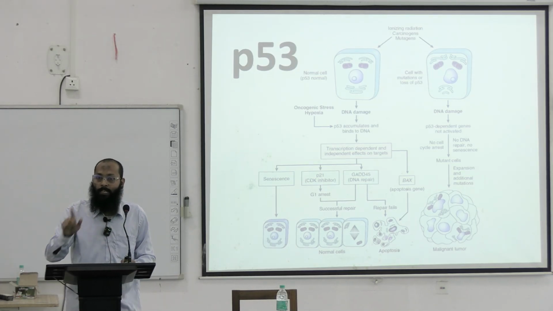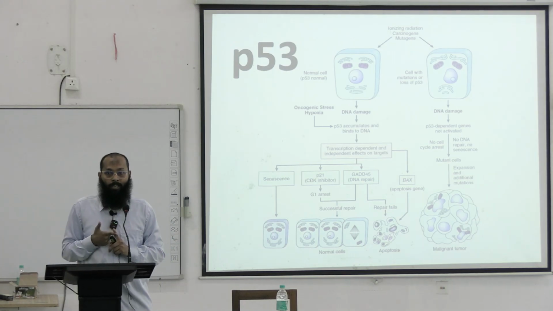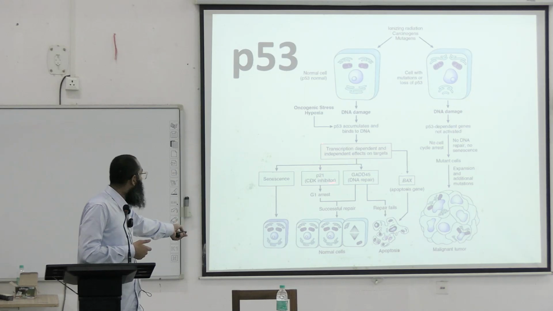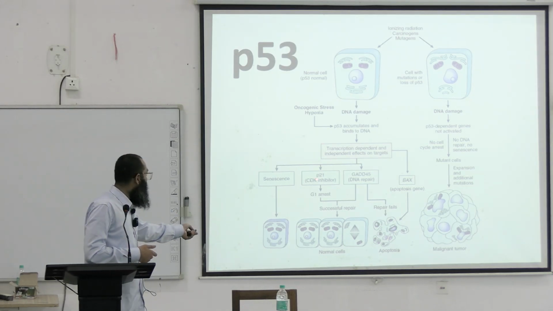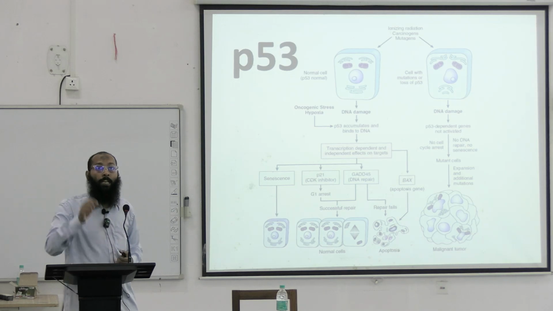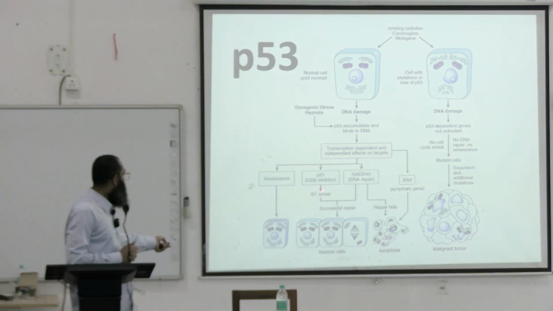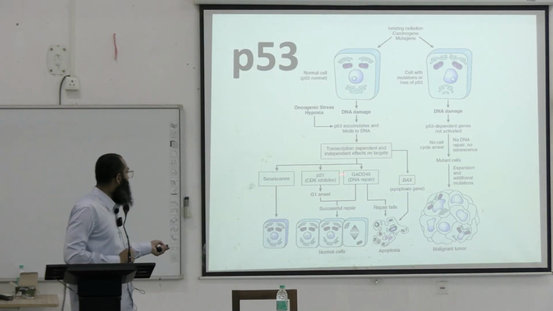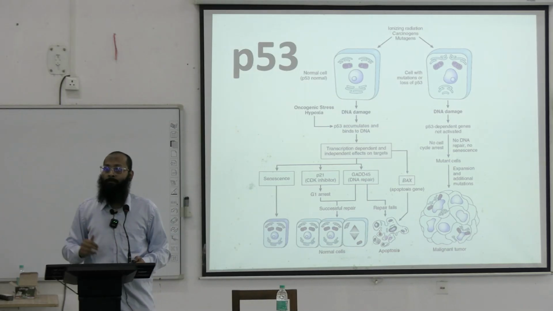Clear? Its accumulation. Now, because of this accumulation, immediately it stimulates P21. What is the function of this P21? It immediately inhibits the cell cycle. So the cell cycle has been inhibited. Next, it stimulates DNA repair enzymes.